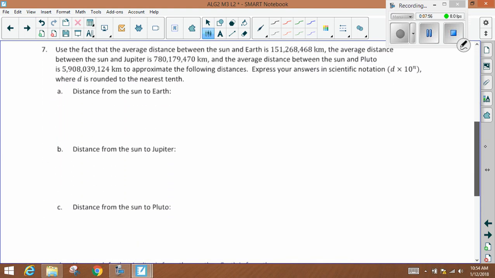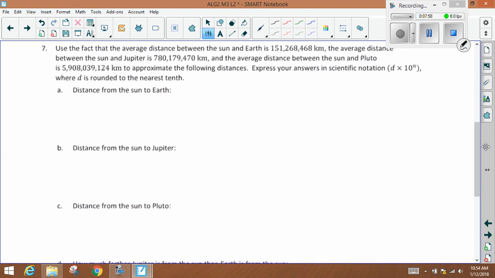Let's go ahead and get to this problem. Distance from the sun to the earth. It says that we're going to express our answer in scientific notation, which means that this d is always the ones place. So when I wrote 51 times 10 to some power, that wasn't actually in scientific notation.